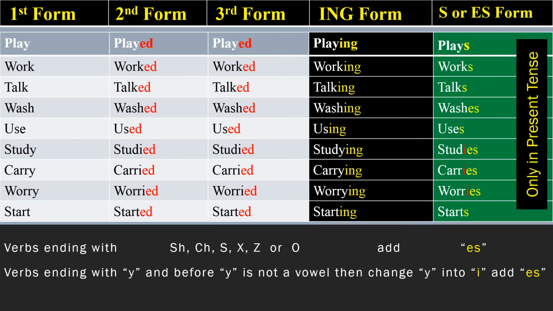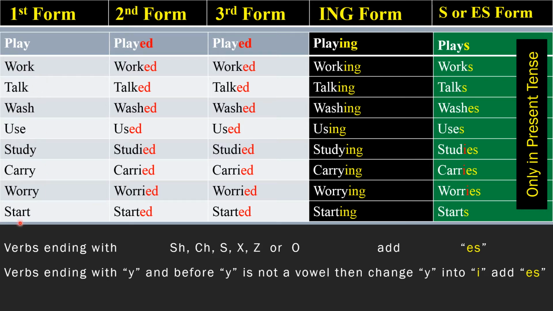Then it is the S or ES form that is also used in present tense. The difference is that these are used with he, she, and it, and these first forms are used with other pronouns like I, we, you, they, or more than 2 names, right?